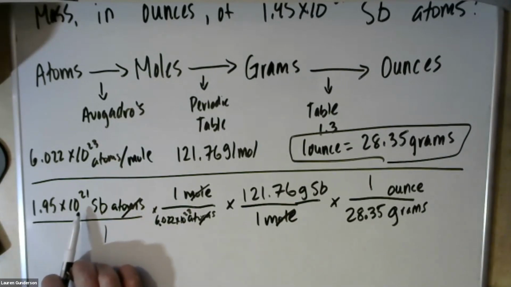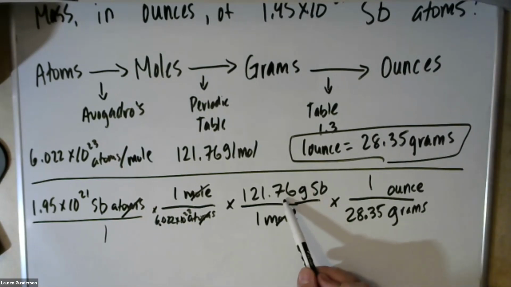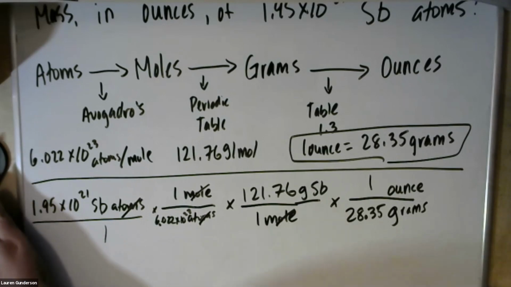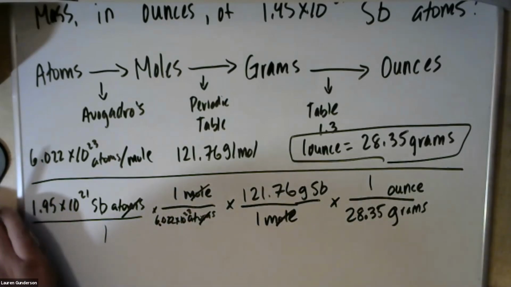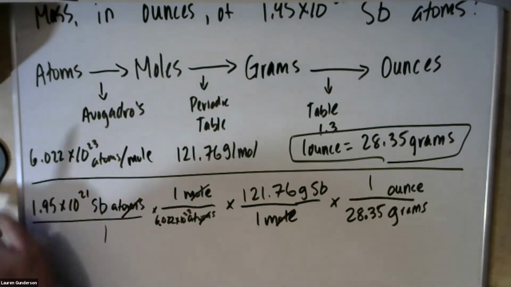1.95 times 10 to the 21 divided by 6.022 times 10 to the 23, multiplied by 121.76, divided by 28.35, because everything that's on the top of the fraction bar, I multiply, and everything that's on the bottom, I divide. Everyone take a minute to put that in your calculator right now.